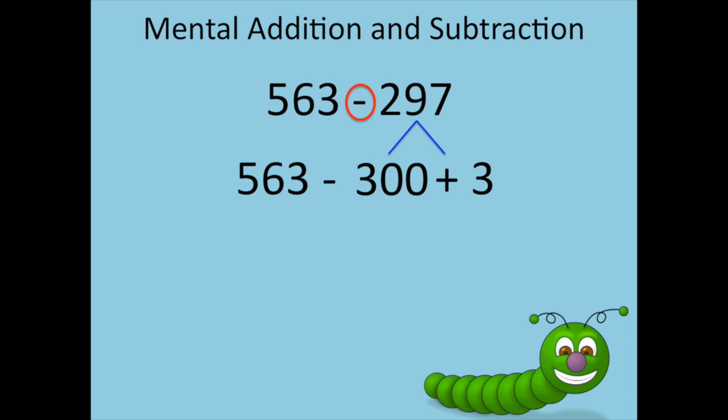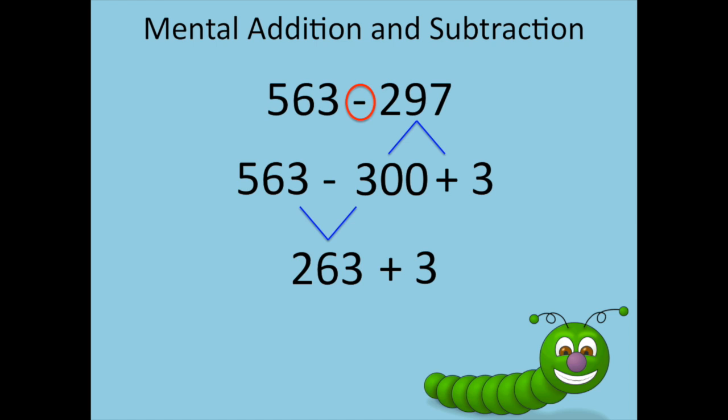Again, I am subtracting. So when I solve 563 minus 300 and I get 263, I have subtracted 3 too many. So now I have to make sure that I add those 3 back in so that I get the actual answer to 563 minus 297.